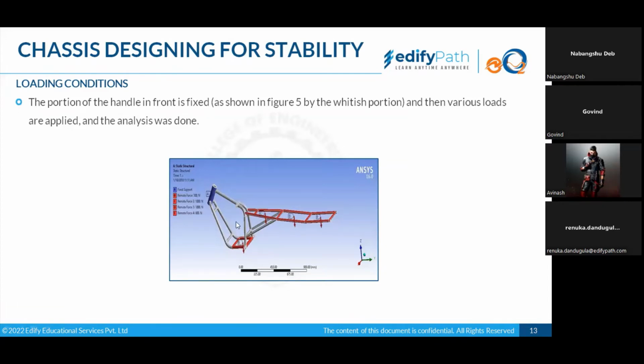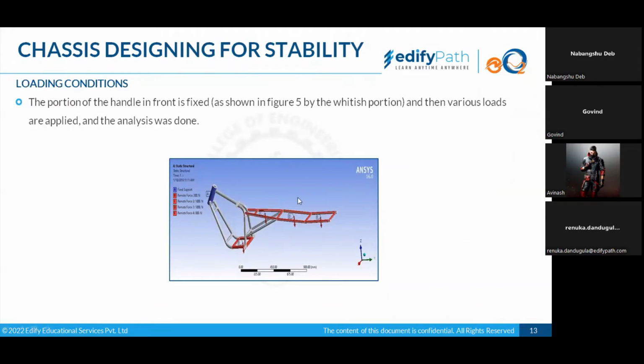If I talk about B, you would most probably be putting your battery on B. C, D, E are for the rider and a pillion, so different kinds of stress would be coming. So these 5 points were loaded with different factors. Maybe I would increase the weight on C and D, and see at what weight it would start crumbling or deforming.